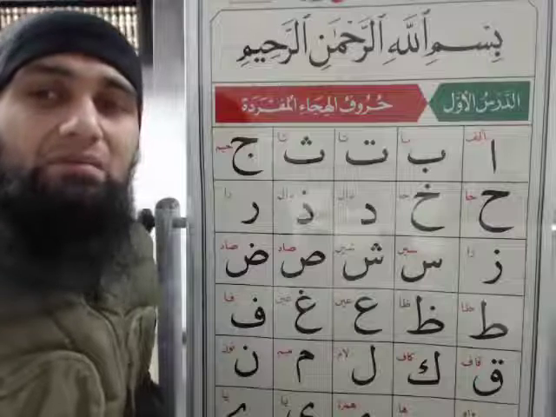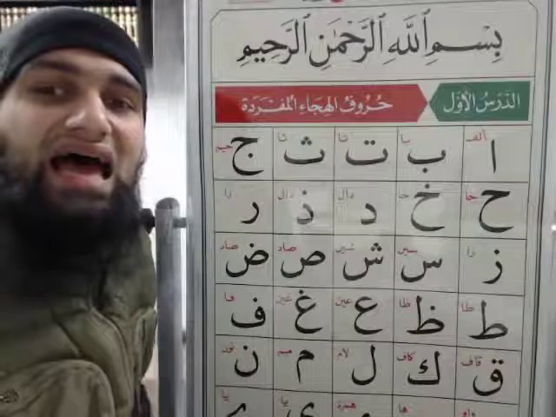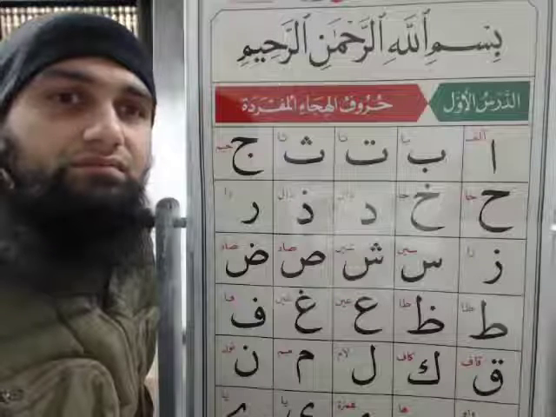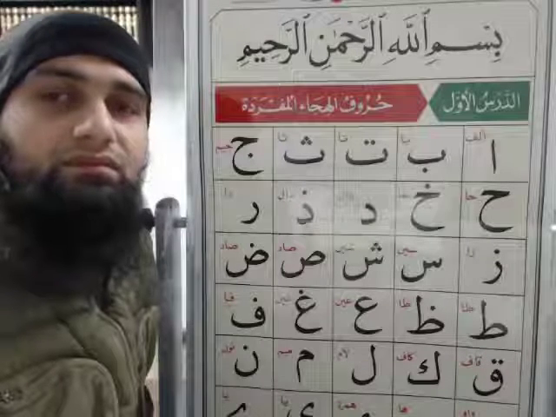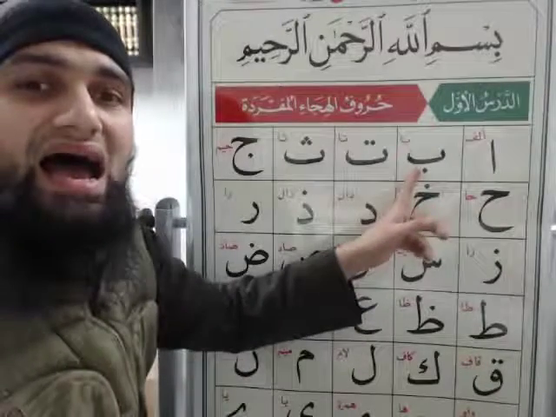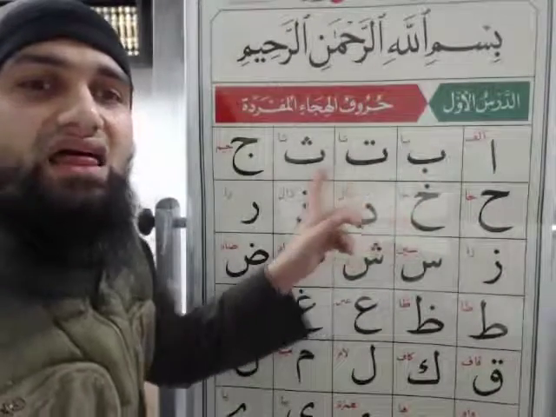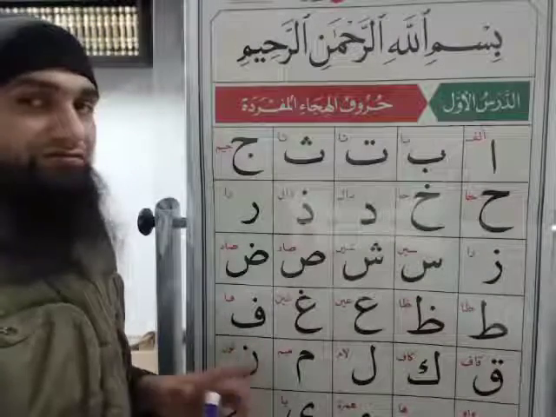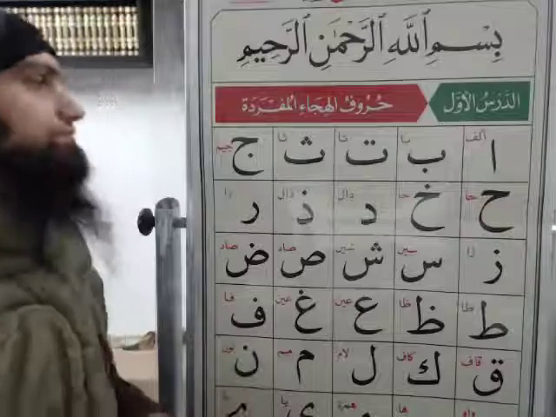Alif, ba, ta, fa. Okay, alif, ba, ta, fa. Very good. So we got 4 letters down.